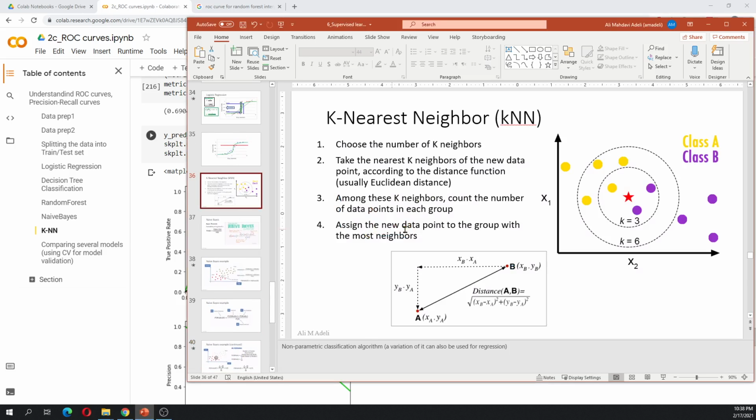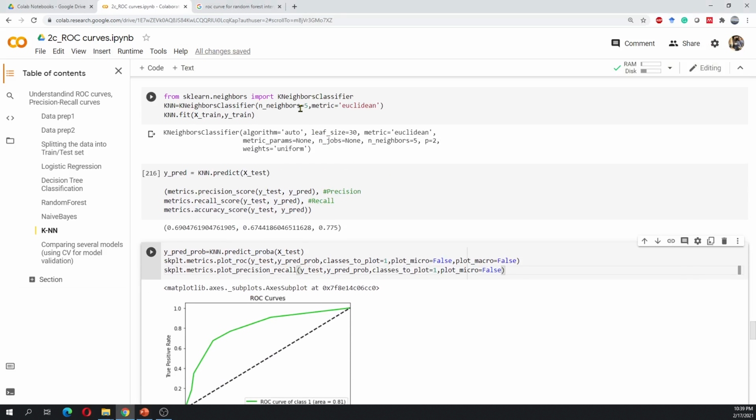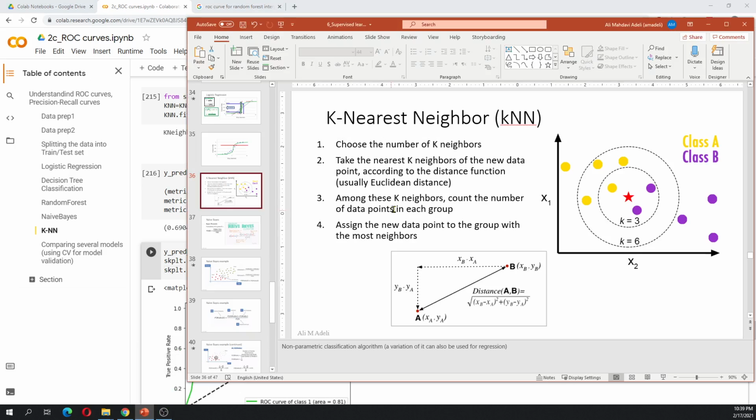You had it here. So remember how the k nearest neighbor works: you specify the k. In this case, we've set it at 5, and we're using the Euclidean distance. And so now it's basically going to assign the point based on whichever observations there are more of.